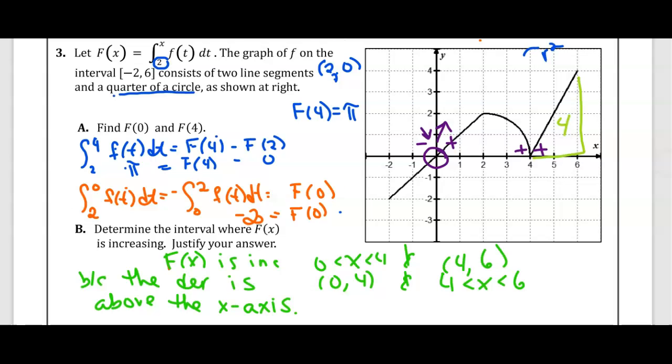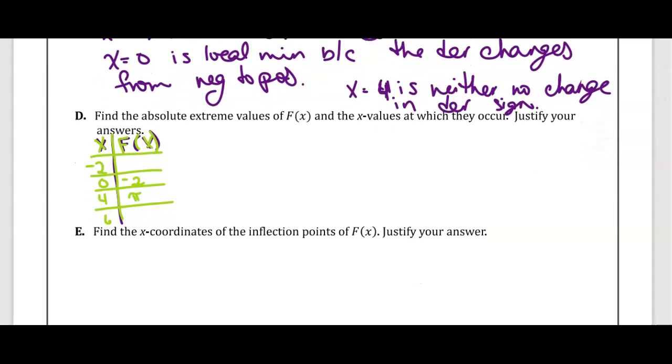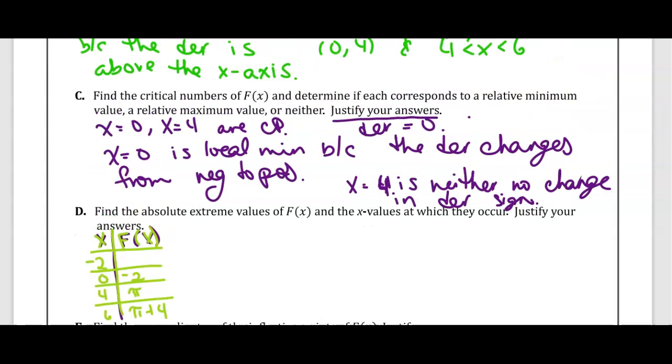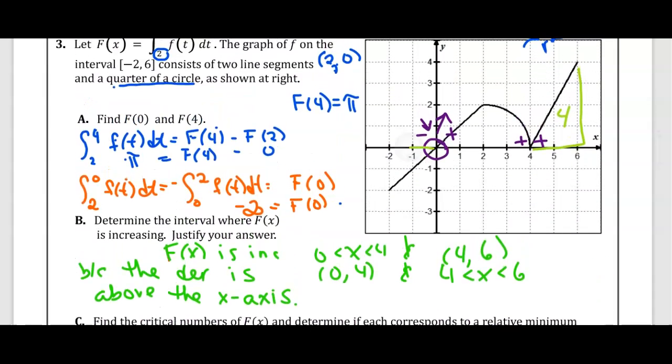So we were at pi. We're going to add that on because it's increasing, because it's above the x-axis. So that's pi plus 4. Now we got to go the other way. Now it's another 2 by 2 triangle, but you need to notice it's below the x-axis, which also means that when we were here at 0, we have that local min.